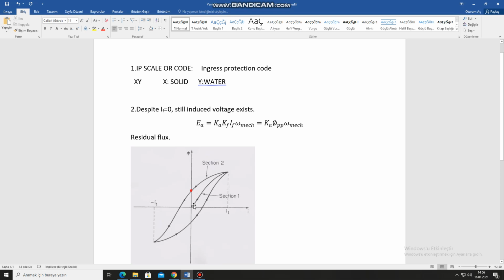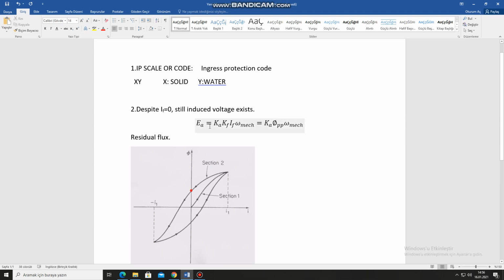This means that when we increase our field current to some value and then make it 0, we still have some flux in our stator. This is called residual flux or residual magnetism. As a result of this residual flux, we still have some flux in our DC machine.